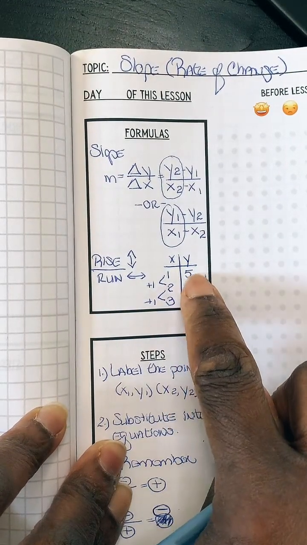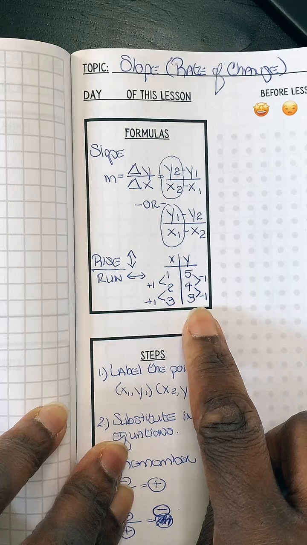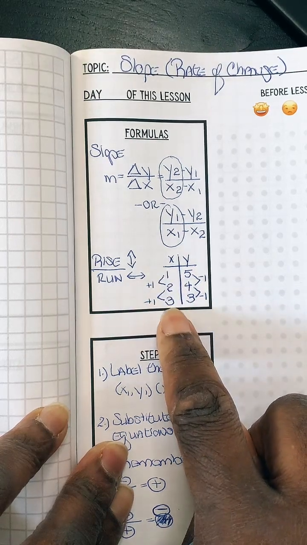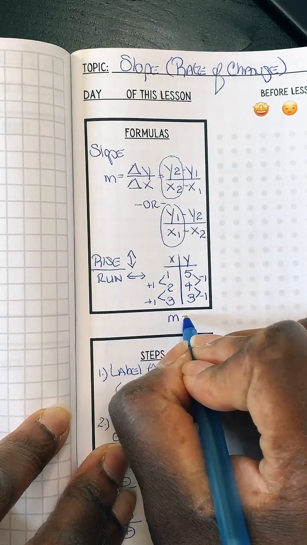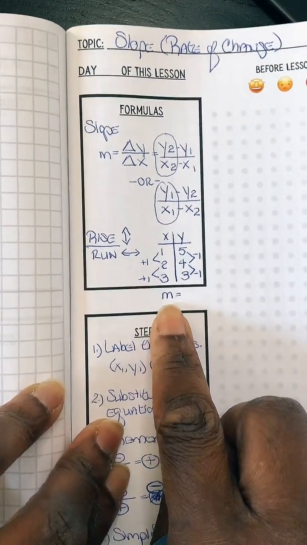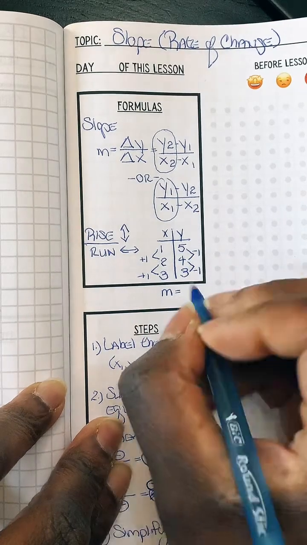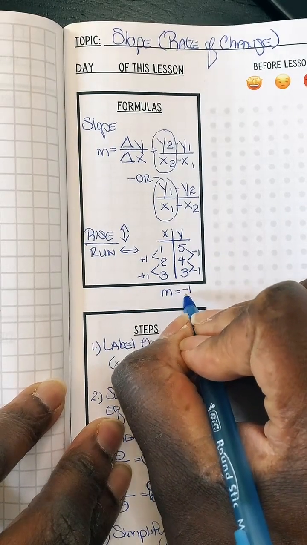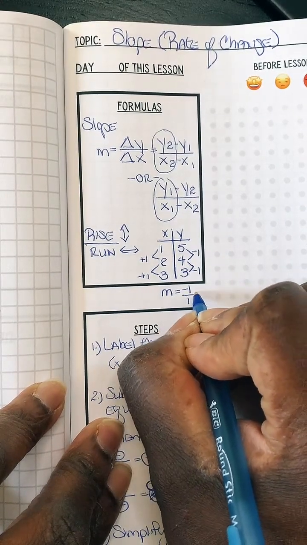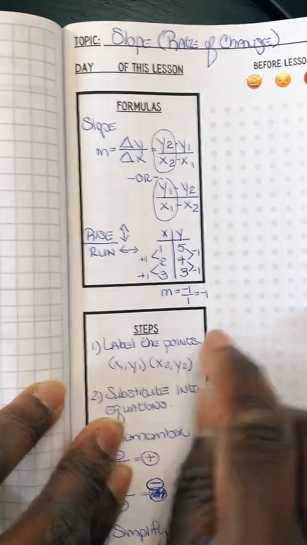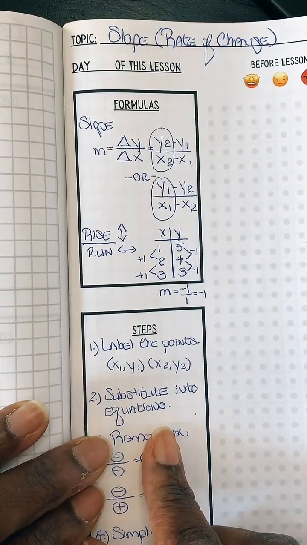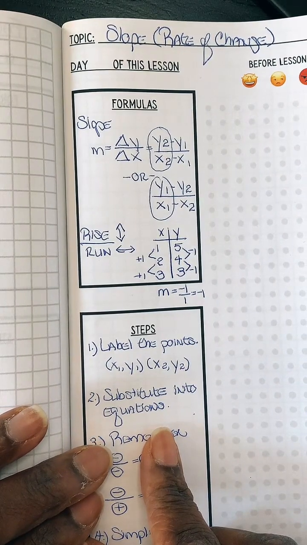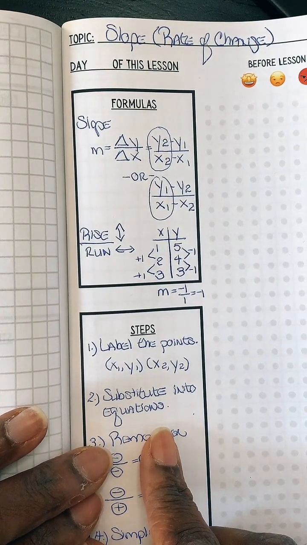So I'm looking at the pattern of my y's over the pattern of my x's. In this case, my slope, which is usually represented by the letter m, is going to be -1 over 1, which, if I simplify it, gives me -1. Okay? How are we feeling before I even mention the next one?